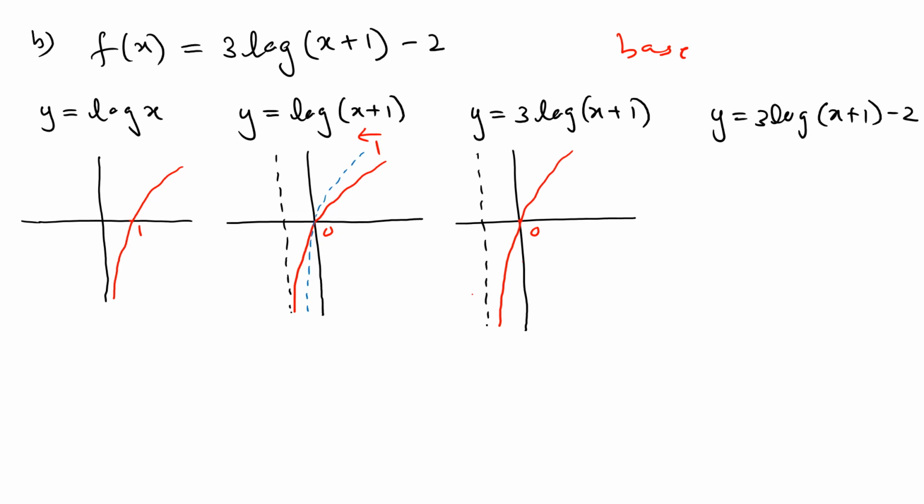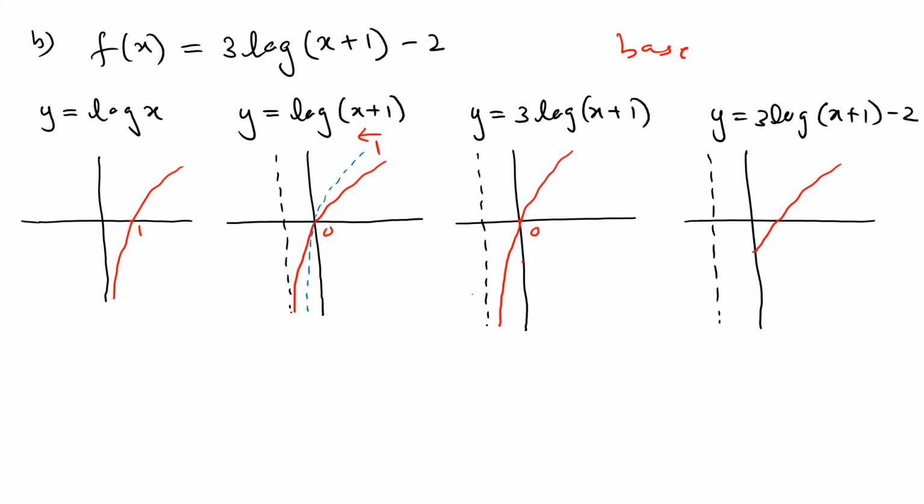Okay, and then finally we're gonna bring the graph down by 2 units. So the intercept is gonna go 2 units down. So finally we get this graph. This is the asymptote, no change. The point is gonna move 2 units down. So the new graph is gonna look like this.